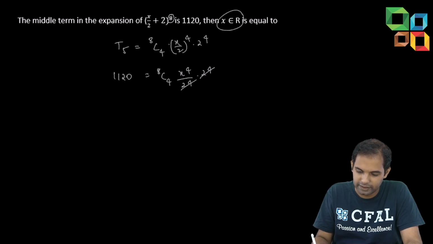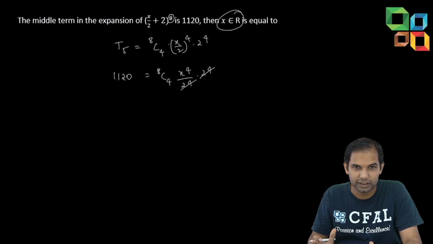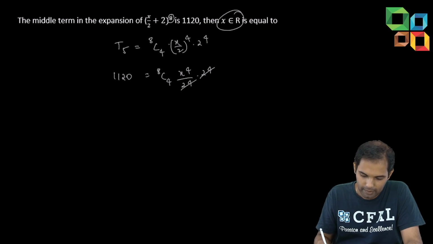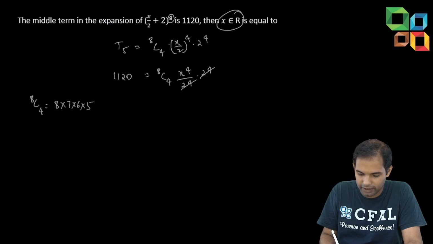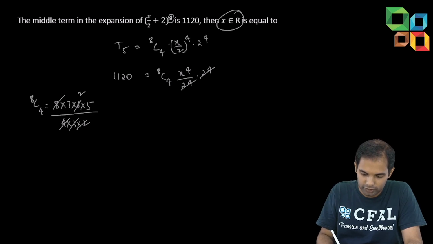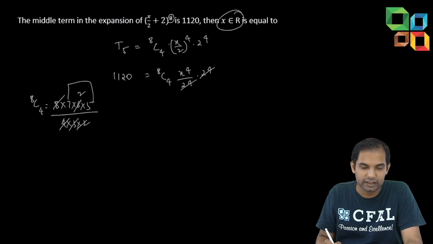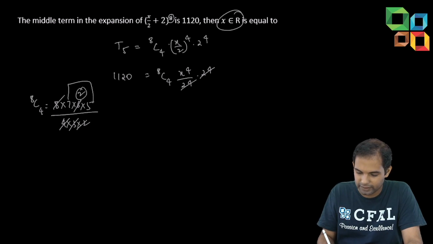Now they have given x as real numbers just so that we don't consider complex roots. So 8C4 is 8 into 7 into 6 into 5 divided by 4 into 3 into 2. So let me just cancel 8. 3 again I can cancel. This is 2. So 7 into 5 is 35. 35 into 2 is 70.